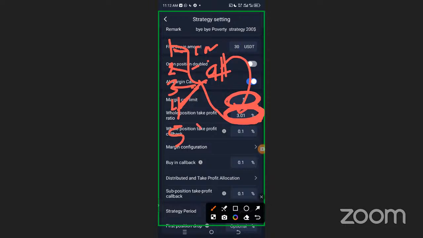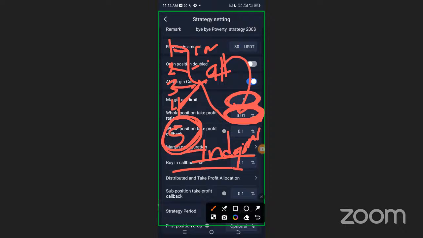Now, the fifth call is going to be sold independently of the market. And how is it visible?